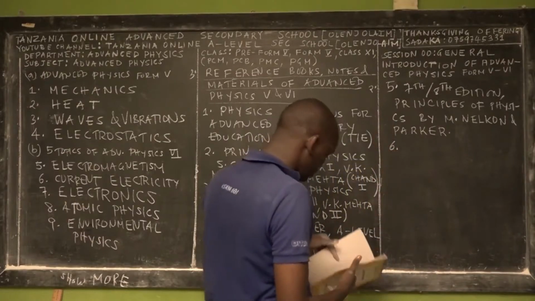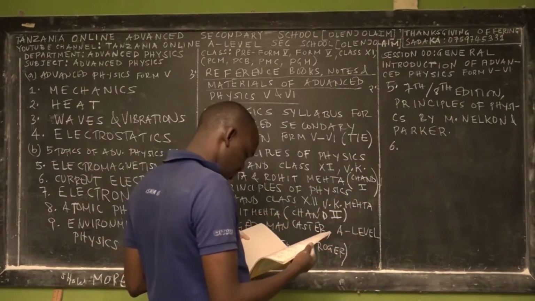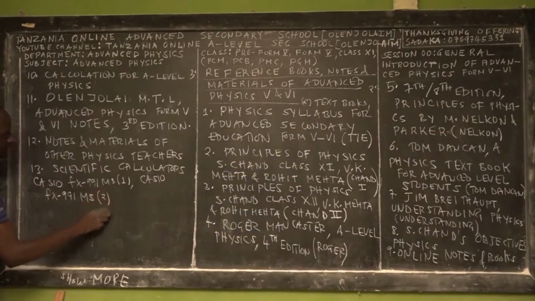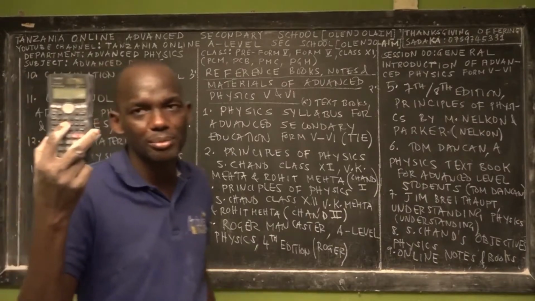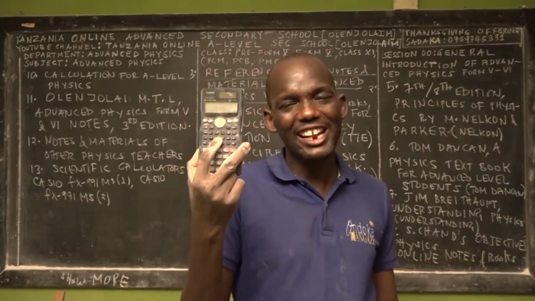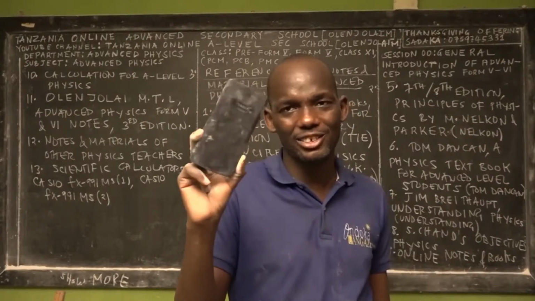The next item is a calculator. This one is for the business students. We don't recommend it; it's cheap, cheaper than this. We recommend this one, an original scientific calculator, like mine. This is my scientific calculator. I've been using it for 3 years, and it has never failed.